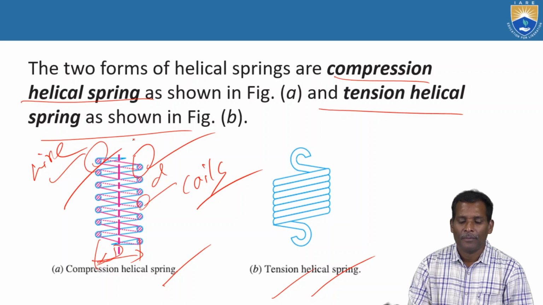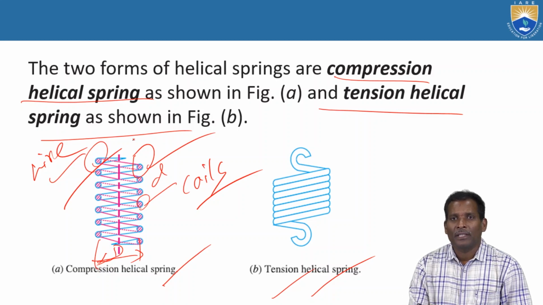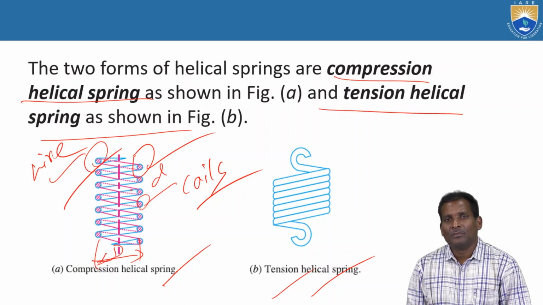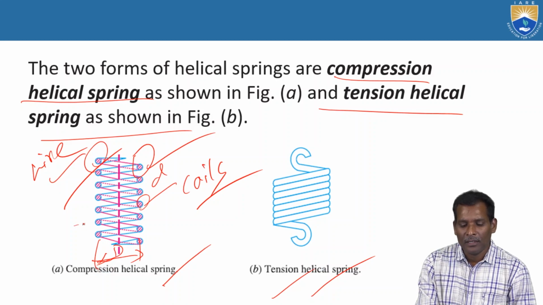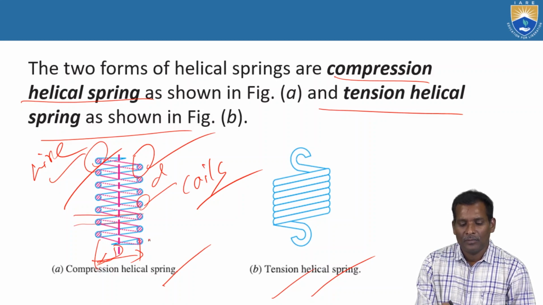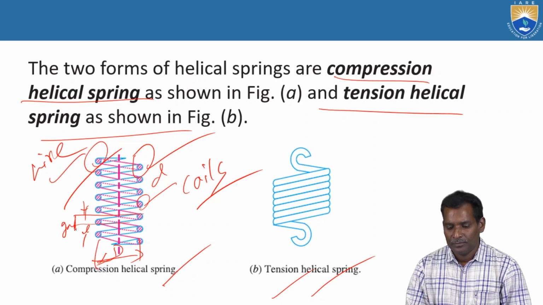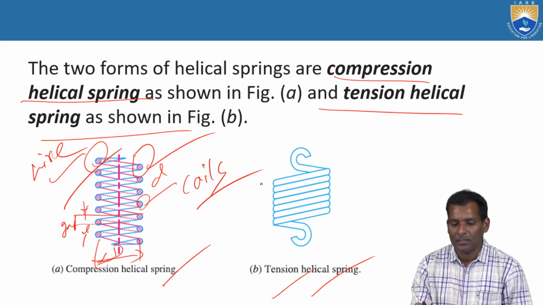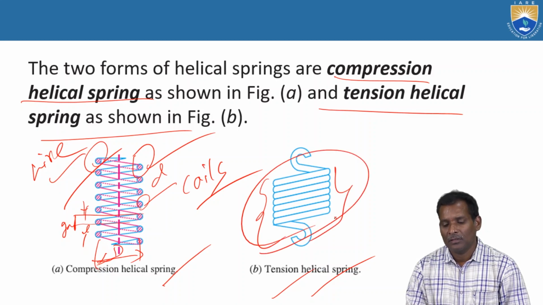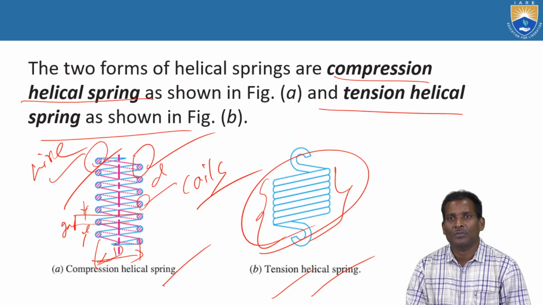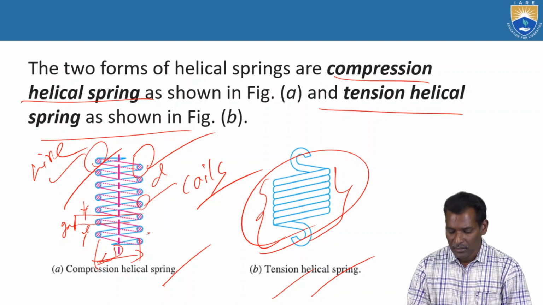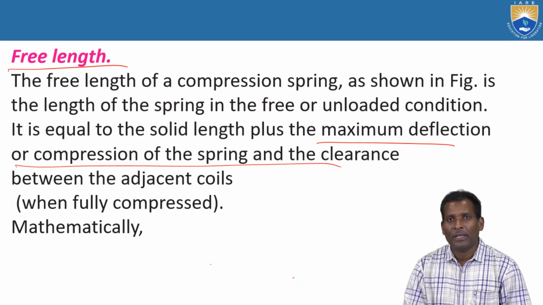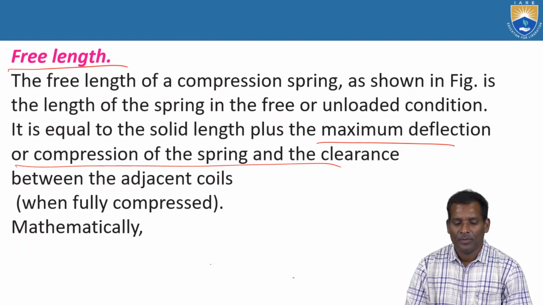In the diagram shown previously, what is the clearance between one coil and another coil? What is the gap? This is the fully compressed state. This one is the solid length. This one is the free length. So how do you calculate this free length?